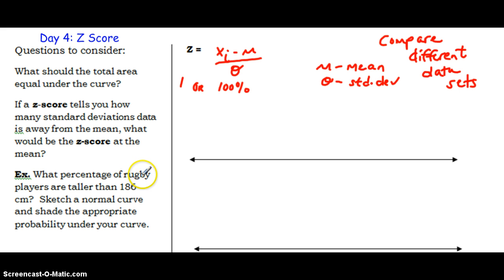So our first example here is asking us what percentage of rugby players are taller than 186 centimeters. First, let's just keep practicing drawing our normal curve, making it as symmetric as possible.